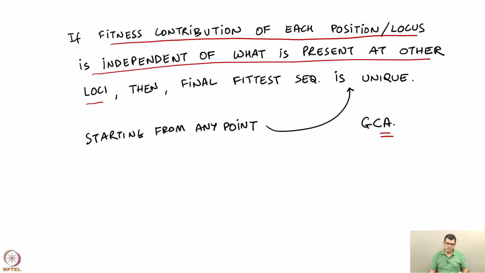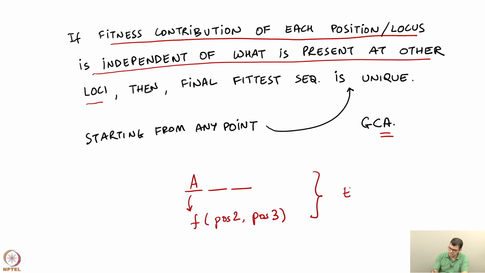However, that is not true generally, and this phenomenon of the fitness contribution of a particular location being dependent on what is present elsewhere is called epistasis. So, the fitness contribution of A here is a function of what is present at position 2 and position 3, and this is the phenomenon of epistasis that we will continue in the next video.